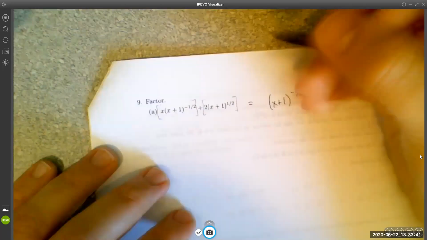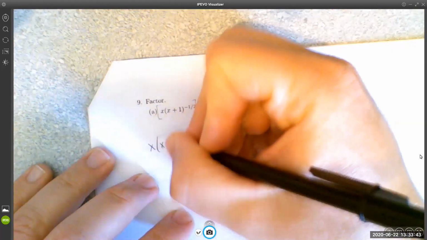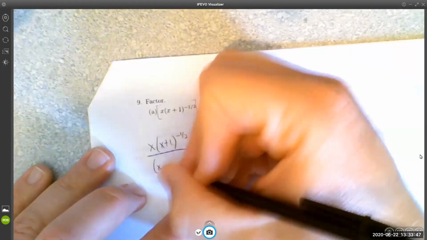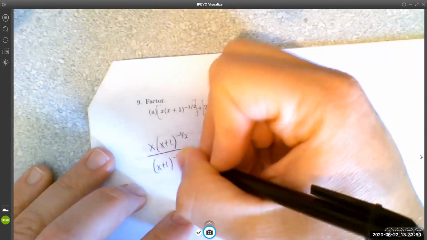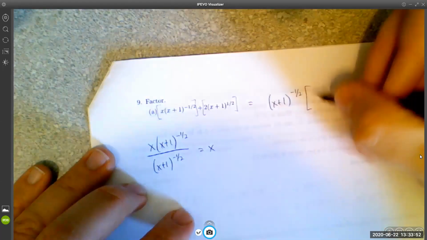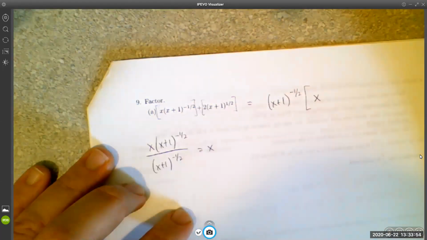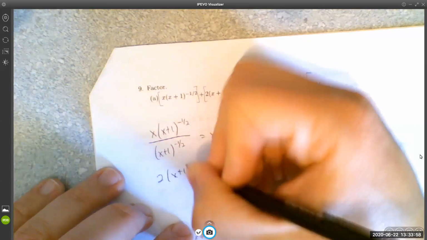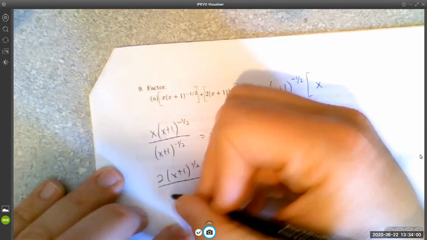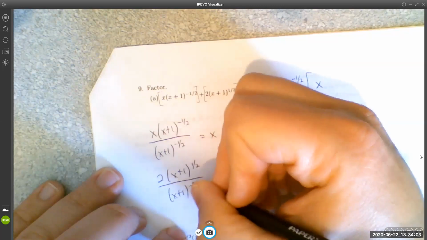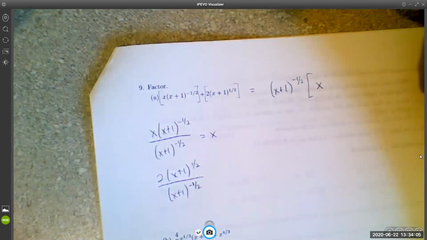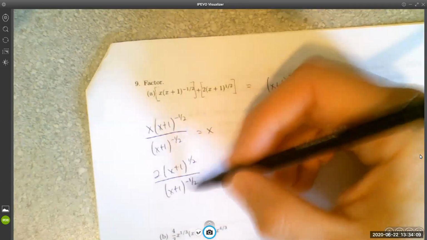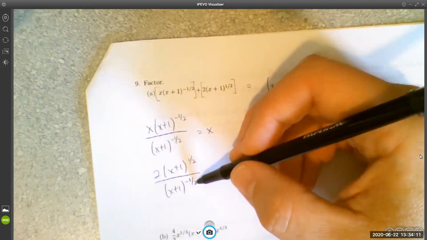So doing a little bit of scratch work, right? x times x plus 1 to the negative 1/2 divided by x plus 1 to the negative 1/2. Well, that's easy. That's just x, right? So for the first term, I'm just left with x. For the second term, 2 times x plus 1 to the positive 1/2 divided by x plus 1 to the negative 1/2. Well, I would subtract, right? I would do 1/2 minus negative 1/2. That's 1/2 plus 1/2, which is 1.